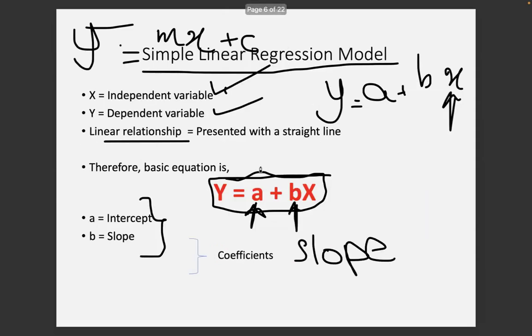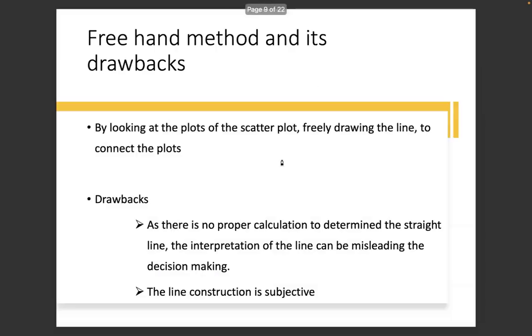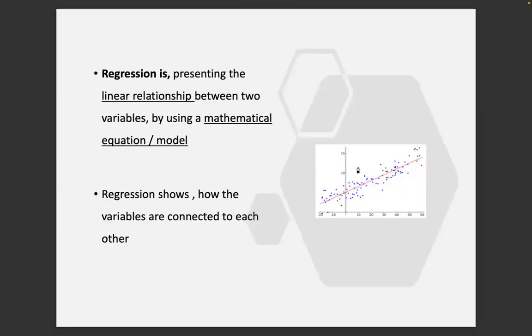Now, the actual application of the regression analysis. What will happen? You can see now for the previous example, this is a scatter plot. They have drawn all the points here, and they have drawn a fitted line as well. See, this is the fitted line.